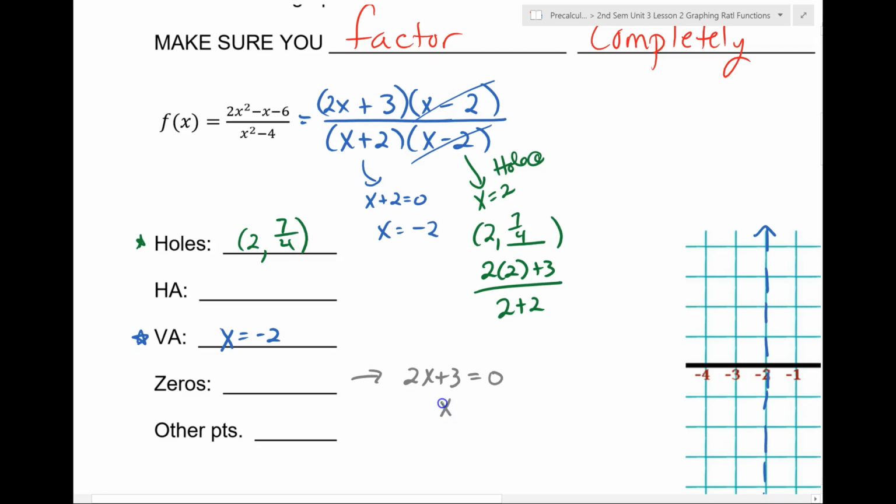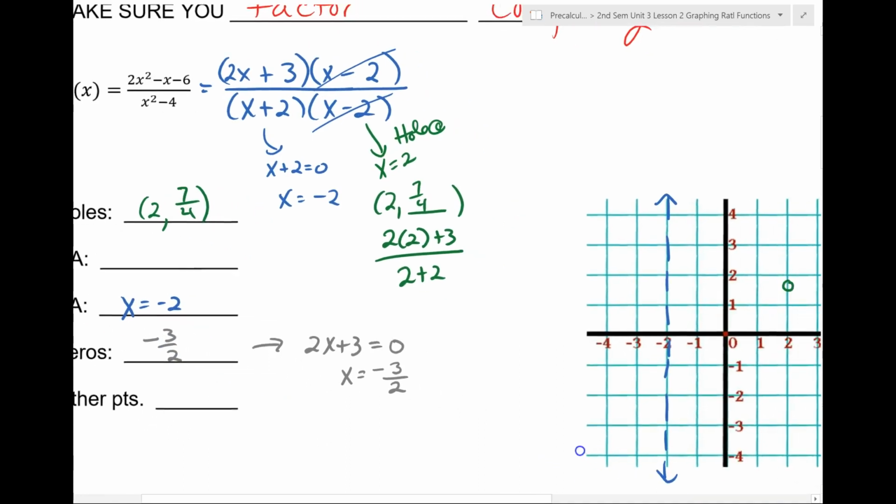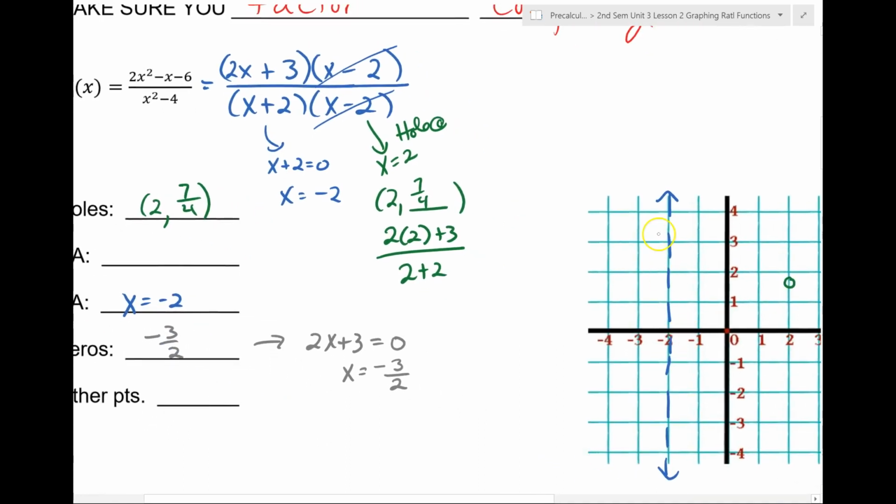What's x going to equal? Does that mean negative 3 halves? So negative 3 halves. So that means my ordered pair would be at negative 3 halves and 0. So it's negative 1 and a half right here. So we know our graph is going to go through there.